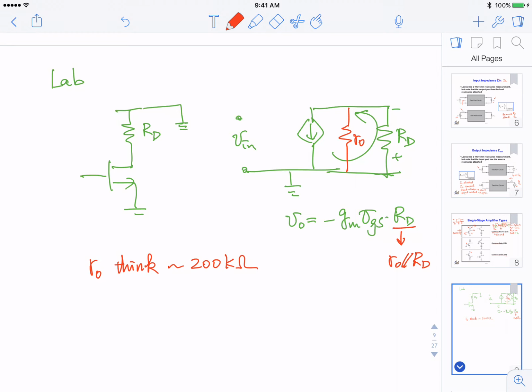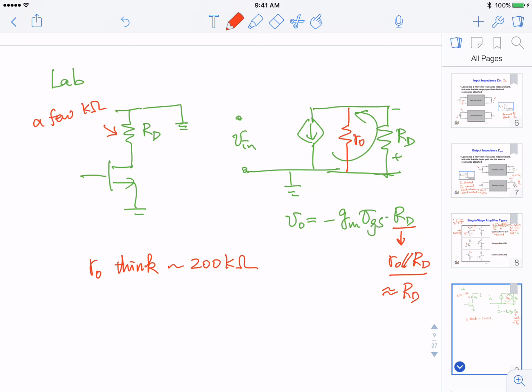Not quite a mega ohm, but it's a pretty big resistor. And if you recall, when you design your bias circuit, your RD is on the order of a few kilo ohm. 1 kilo ohm times 1 milliamp is a 1 volt drop. So you see RO is quite a bit larger than RD. In other words, even if you take the parallel combination, it is still roughly equal to RD.